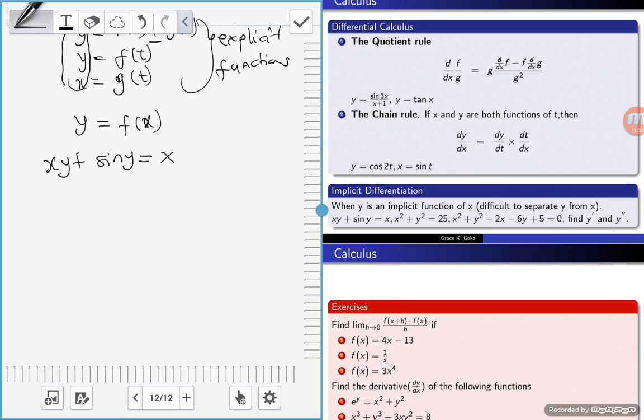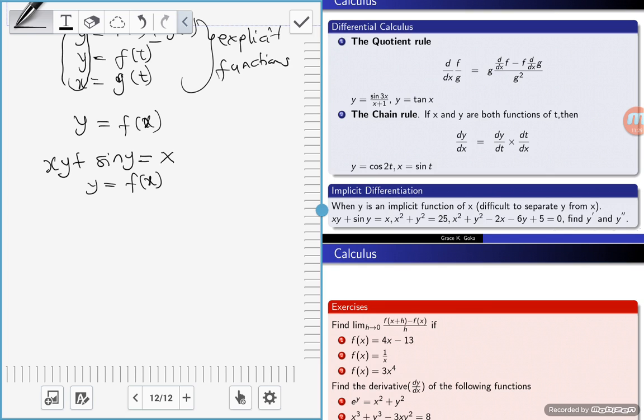It's not easy to form a function out of this, of the form y is equal to a function which is purely in terms of x. It's not easy to find that. You cannot take y to one side so that the other side is purely in terms of x. If you have such a function, then that function is called an implicit function. So if you have an implicit function, then to differentiate it, we use what we call implicit differentiation.